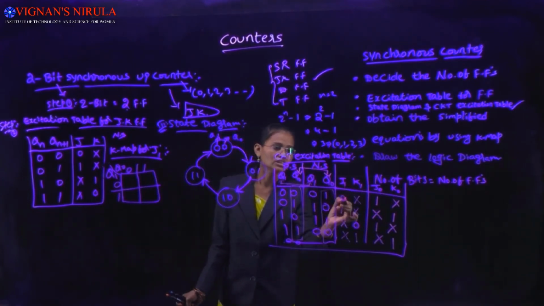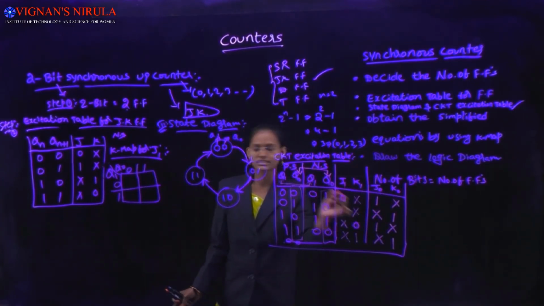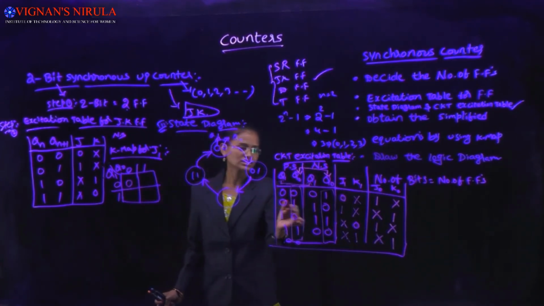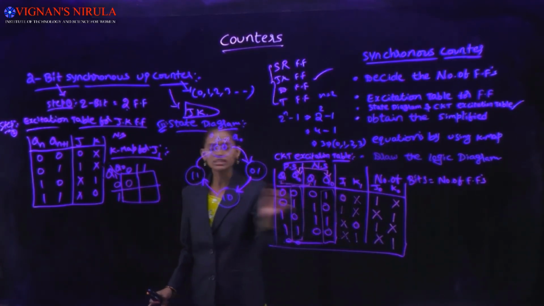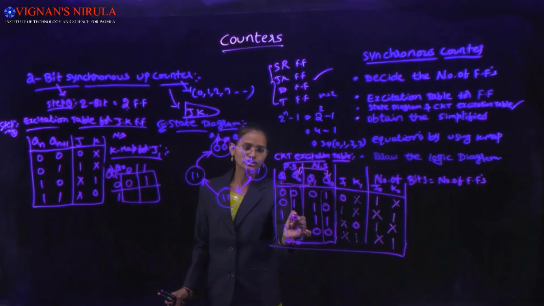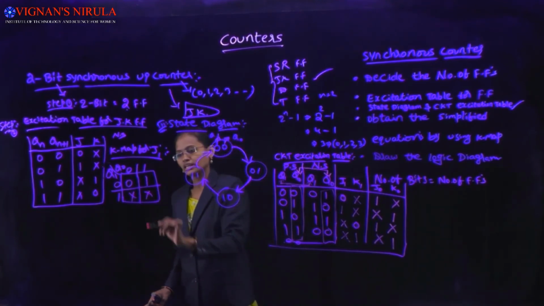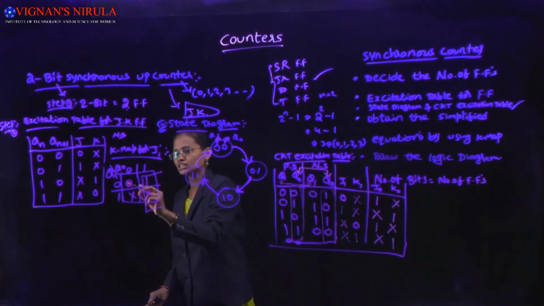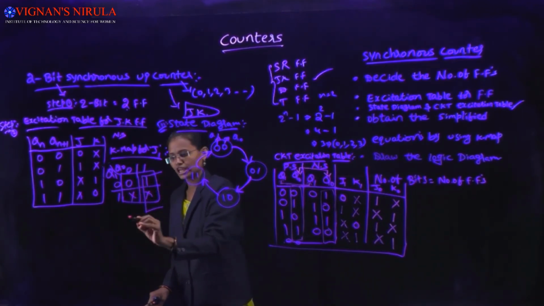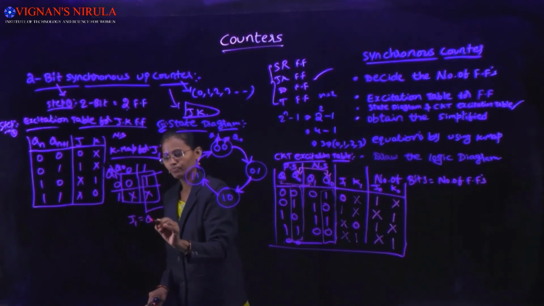In J1, 0 0 is 0. And next 0 1, our output is 1. And next 1 0, that is the decimal value 2, is X, and 1 1 is X. Here we group the 2 cells, 1 and X. What is the equation here? J1 equal to Q0.